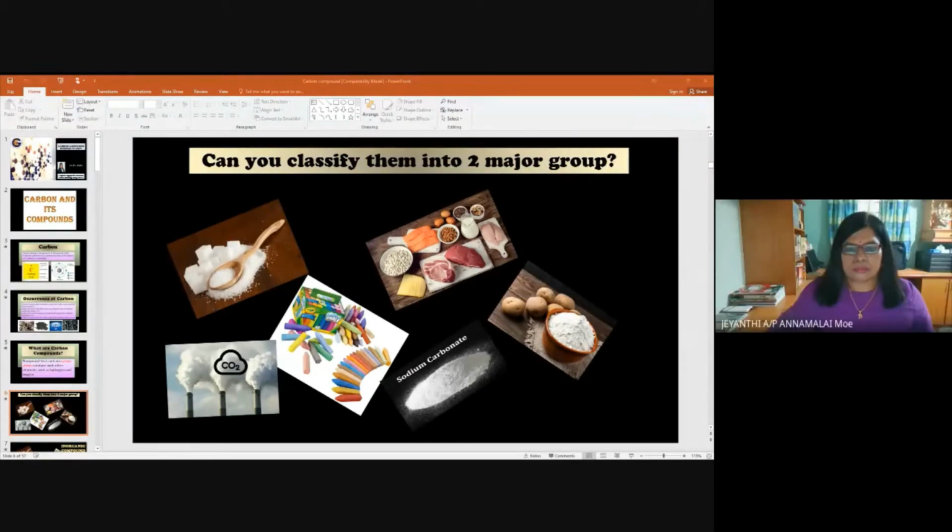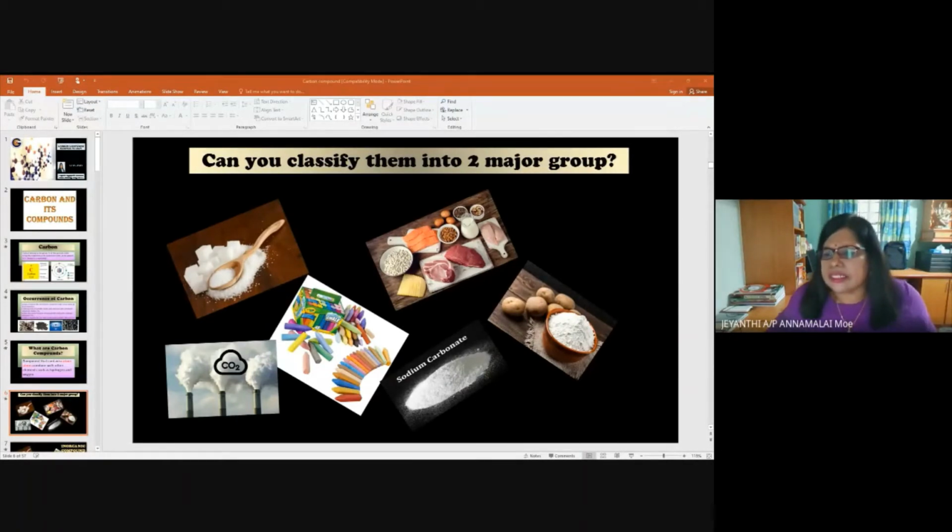Can you categorize them into groups? You can answer me by using the chat box.